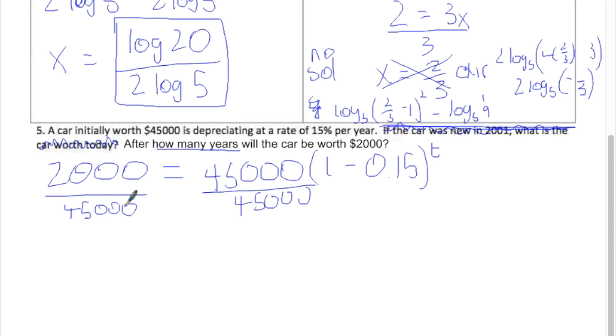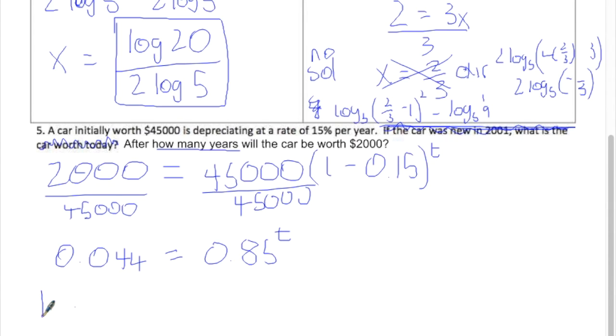And we get 0.04 repeating equals 0.85 to the power of t. And here, since we have a variable and an exponent, the thing to do is take log of both sides.